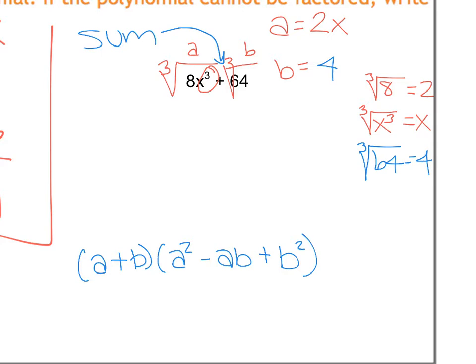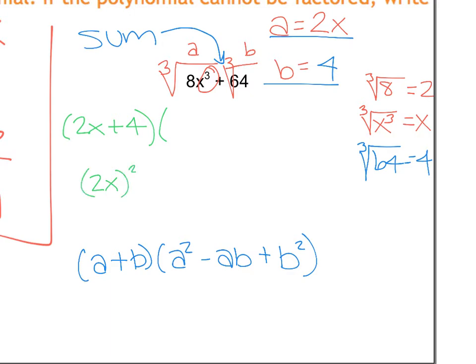All right, now our a is 2x and our b is 4. So wherever we see an a, we're putting a 2x. Wherever we see a b, we're putting a 4. I have a plus b, so 2x plus 4. And then in my second set, I have a squared. So I have 2x, and I'm going to square that.